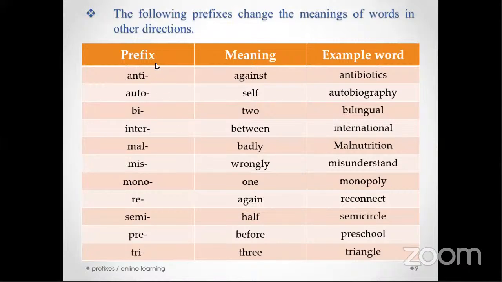Now look at these prefixes here. The first one is anti, A-N-T-I, anti. The meaning of this prefix is against. එරෙහිව කියන තේරුම තියෙන්නේ. Here look at the example, antibiotics. Antibiotics, pratijivaka, prati, erehiva.